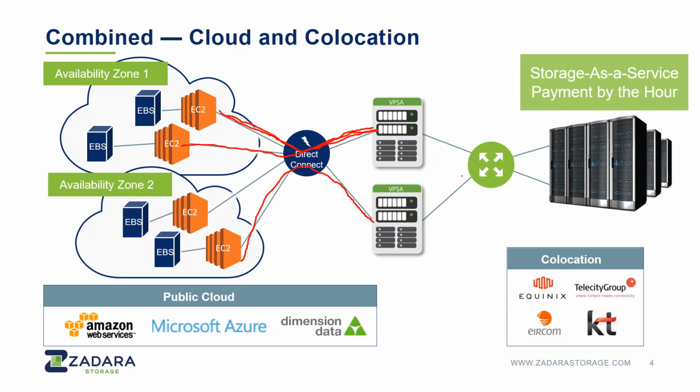If you look at it from a colo side over here on the right, or even if you have it on premise, basically we're going to provide the HA networking, which is going to be two 40 gig networks, and so you'll have this connectivity into your VPSAs this way here.